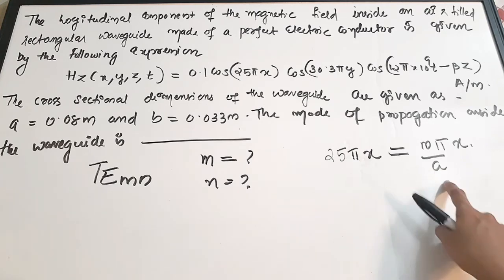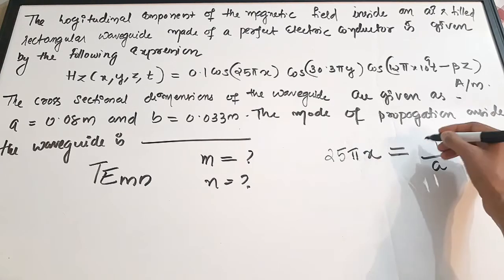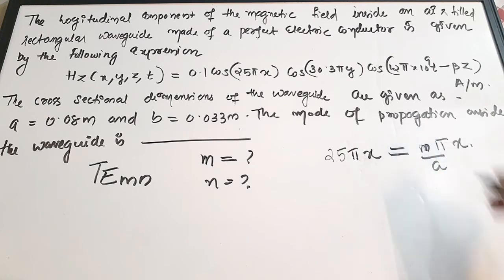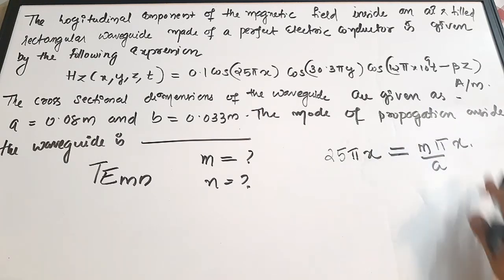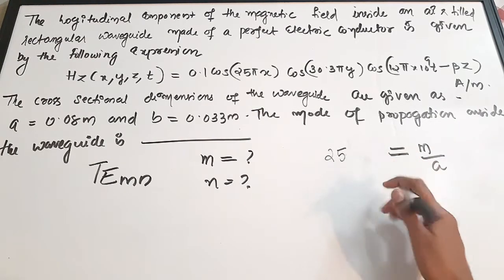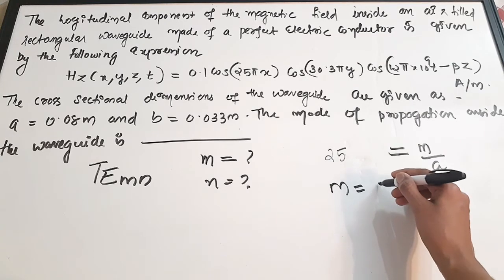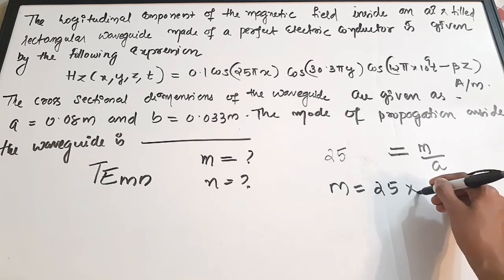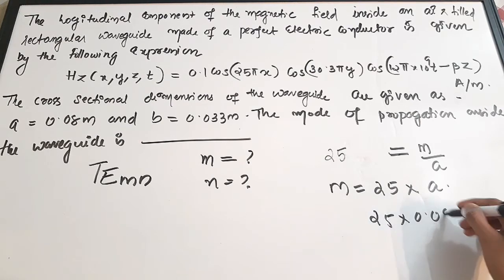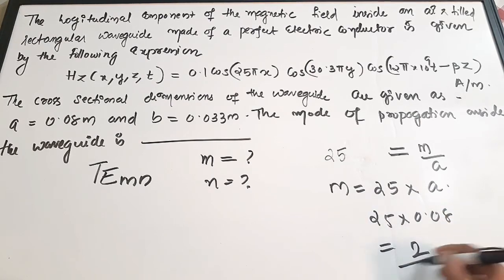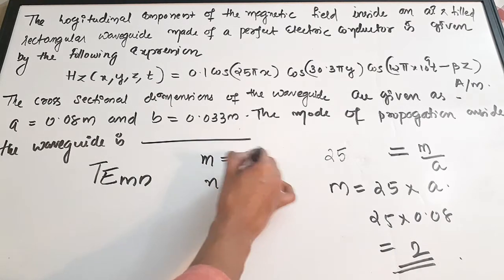Now from this, can't we find m? Yes, because a is given to you, and it is also in meters, so no need for converting the units. Now I'm going to cancel pi and x. You will get m is equal to 25 into a. What is a? 25 into 0.08, and that is 2. You have obtained m is equal to 2.